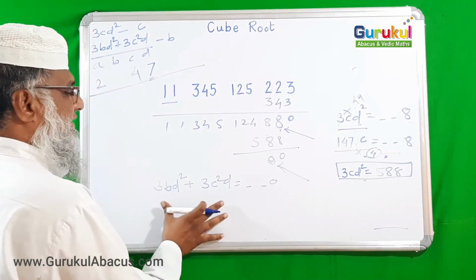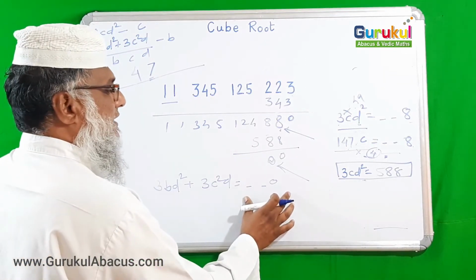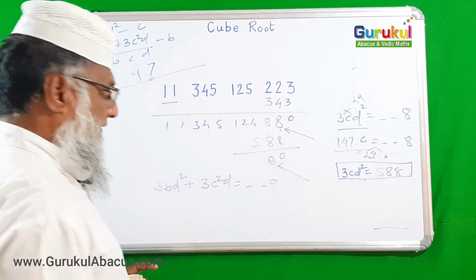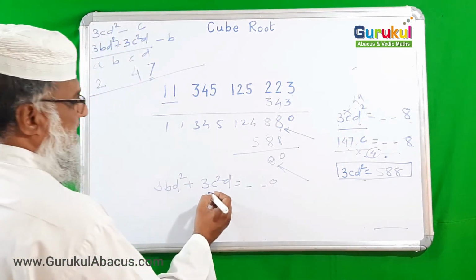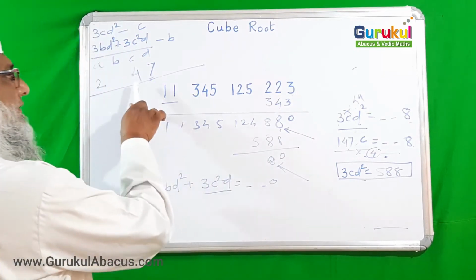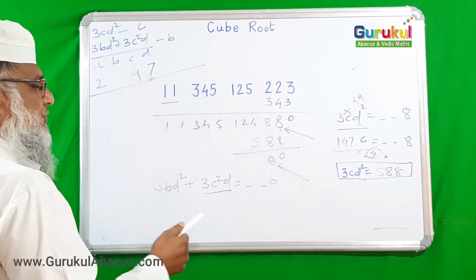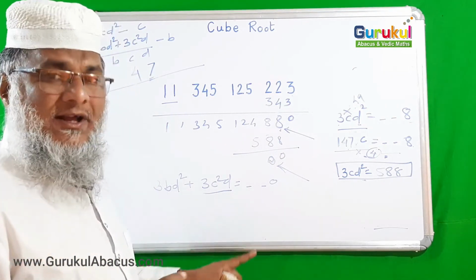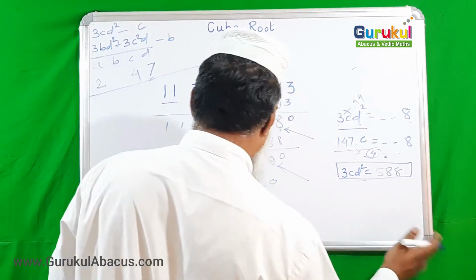Whatever the value of this term is, that number's ending digit is 0. Now if you observe carefully, we can easily find 3c square d, as we have the value of c and the value of d. Let us find it here, then we will write it back again.